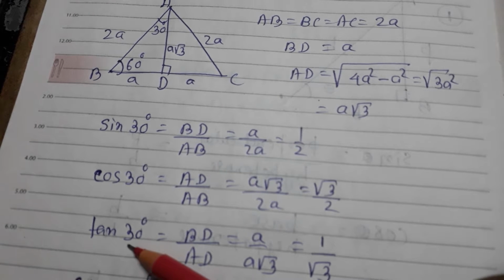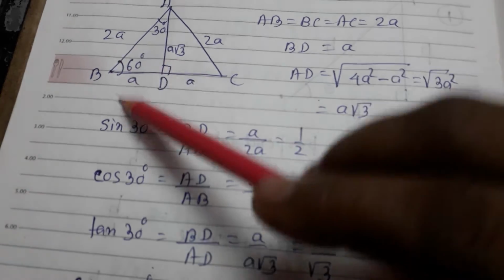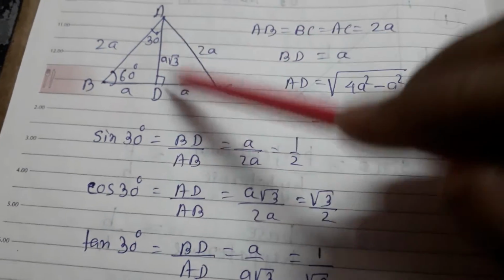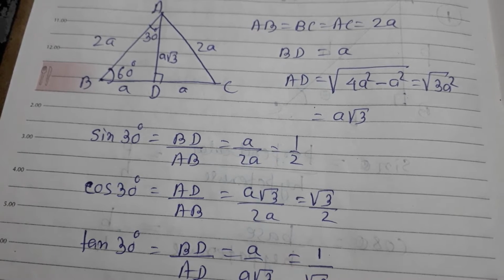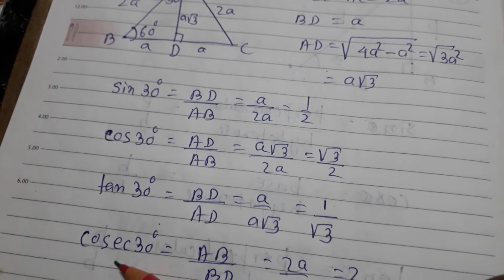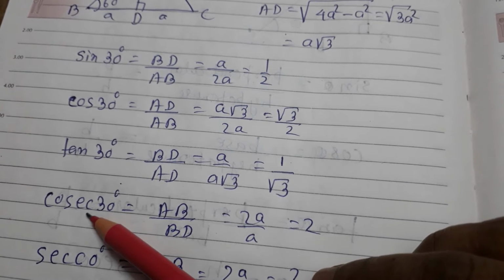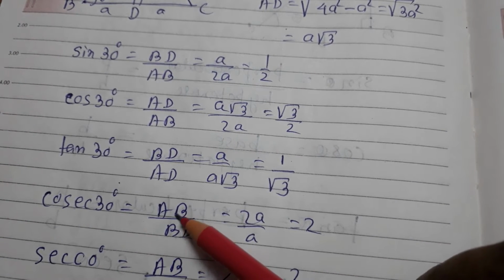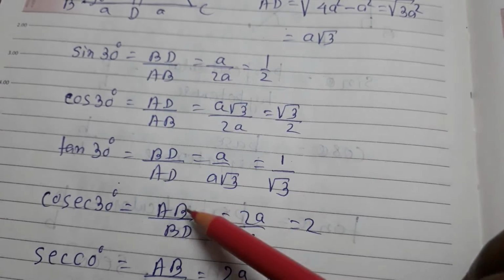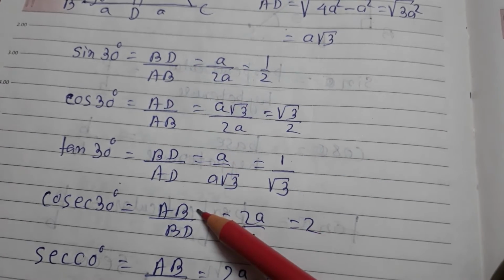And tan 30 equals P by B. So this is P, this is B, BD by AD. So A by A root 3, A cancels, 1 by root 3. Now cosec 30. Cosec theta is always the reciprocal of sin theta. So cosec 30 equals just the reverse of sin 30, AB by BD.